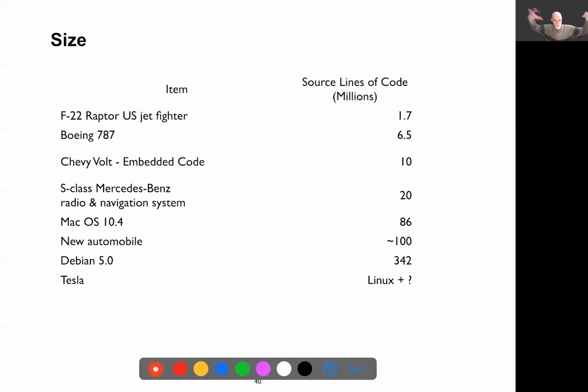Tesla is built on top of Linux, right? So they don't tell us, but this is a lot. We're probably north of 500 million lines of code, right? That's for a car.